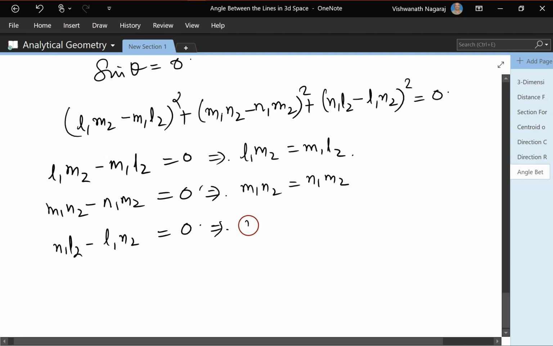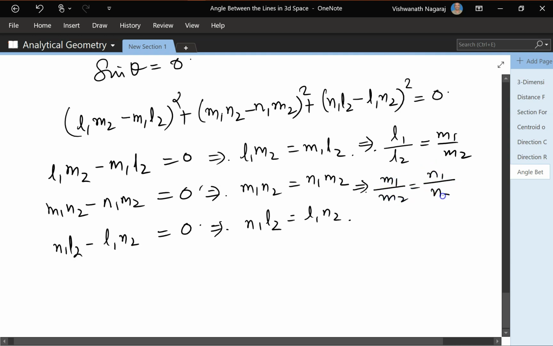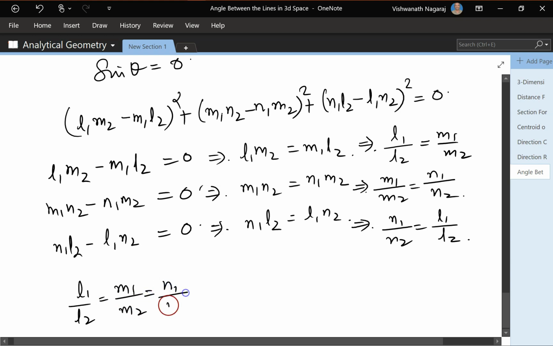This implies n1 l2 is equal to l1 n2. Again, if we take this further, it means L1 by L2 is equal to M1 by M2, which implies M1 by M2 is equal to N1 by N2, which implies N1 by N2 is equal to L1 by L2. So we can combine all of them: L1 by L2 is equal to M1 by M2 is equal to N1 by N2.